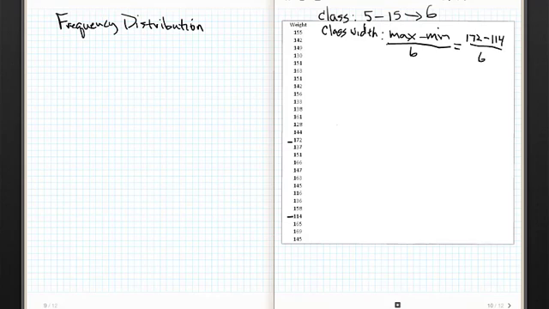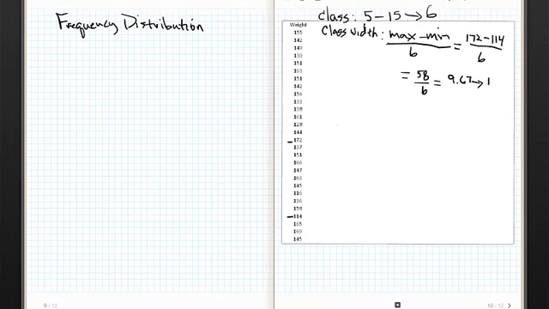Let's see, what is that? That's 58. So 58 divided by 6. Now, something funky may happen here, and I'll show you what potentially could happen. So 58 divided by 6 is what? 9 2/3, so 9.67 approximately.